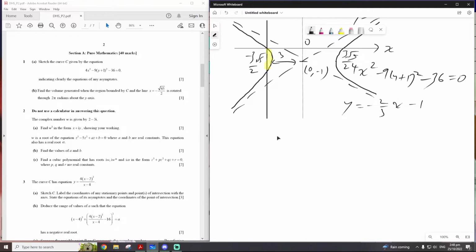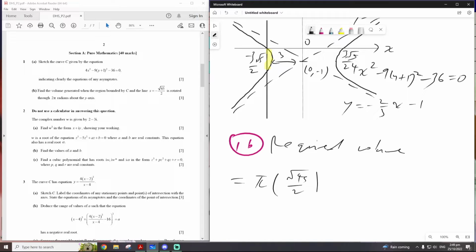So we will consider a cylinder minus the volume generated by the curve, right? So part 1b, required volume will be the volume of the cylinder, so pi, then the radius is √45/2 squared.